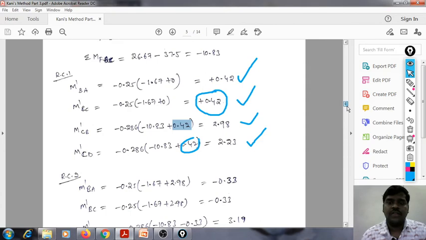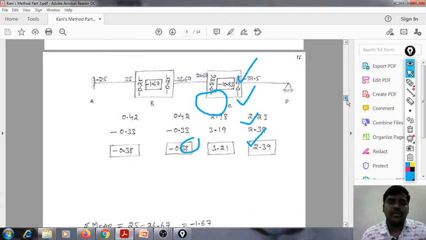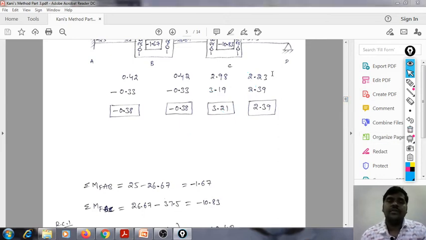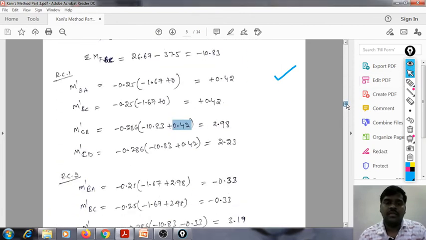So are these values present in RC1? 0.42, 0.42, 2.98 and 2.23. Yes, they are written in the first line.